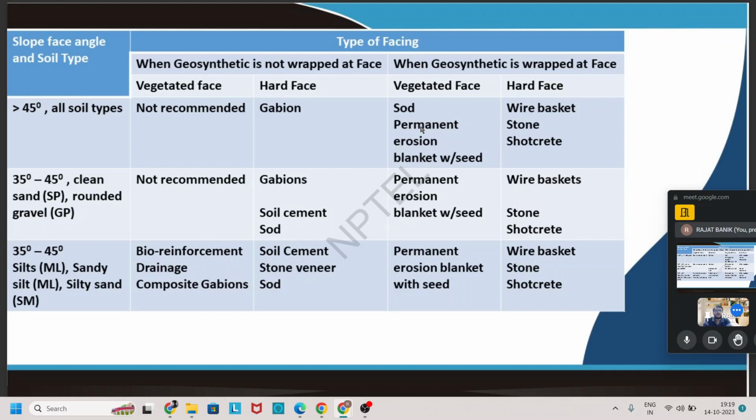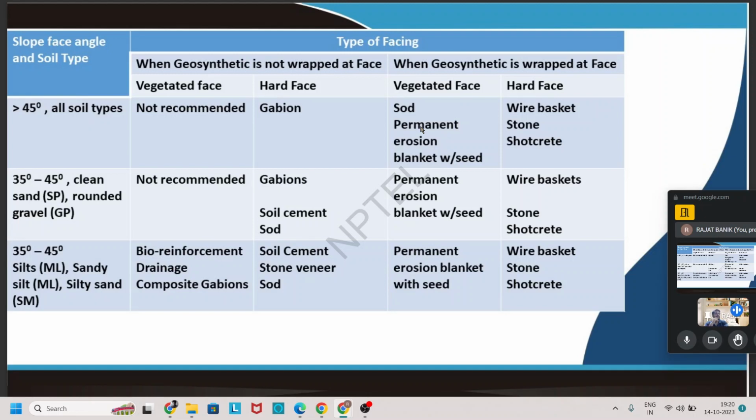For hard face, gabion is recommended. When the geosynthetic is wrapped at the face, for vegetative face we use sod, or permanent erosion blanket with seeds. For hard face, we use wire basket, stone, or shotcrete. Shotcrete means sprayed concrete.